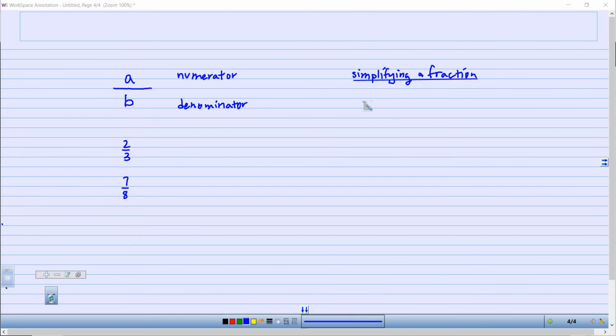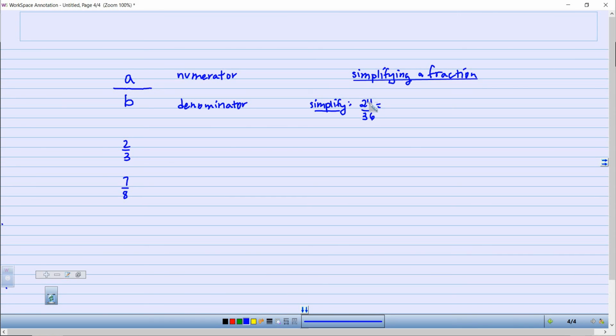Simplifying a fraction. Okay, so let's say I have 24 over 36, and I am asked to simplify that fraction. Okay, well, what does that mean? That means I have, again, 24 and it takes 36 to make a whole.